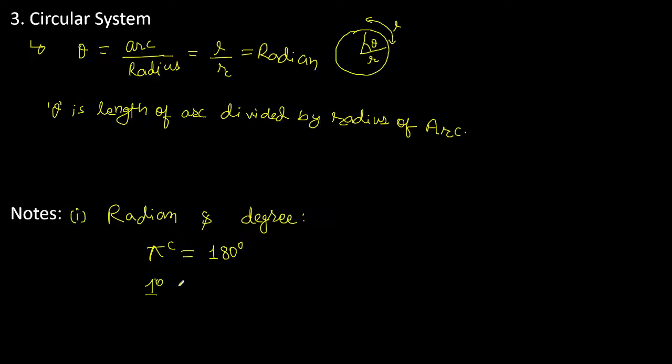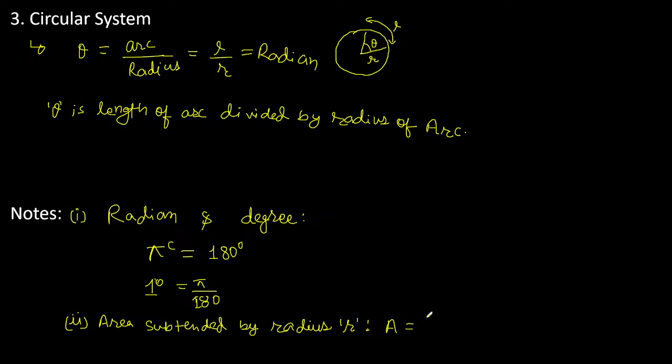We can say that 1 degree is equal to pi by 180 radian. Secondly, the area subtended by radius r is A equal to half r square theta. So we can simply say it is half L into r.